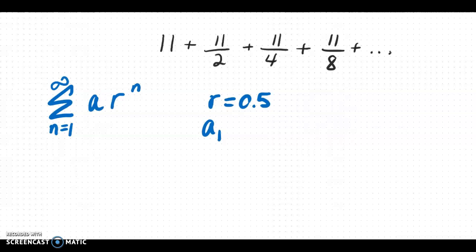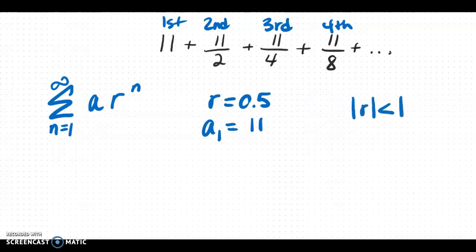I can see that this is the first term, second term, third term, fourth term. So the first term is 11. And that's all I need, actually, to find the convergence or divergence. So the absolute value of R, if it's less than 1, then it converges.